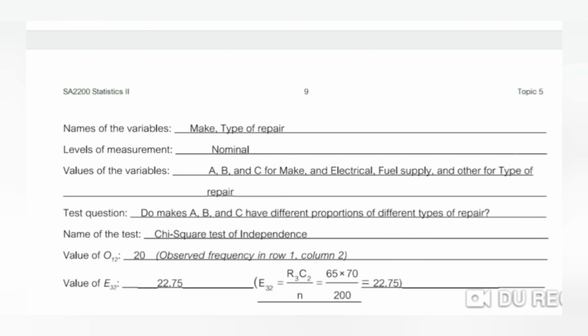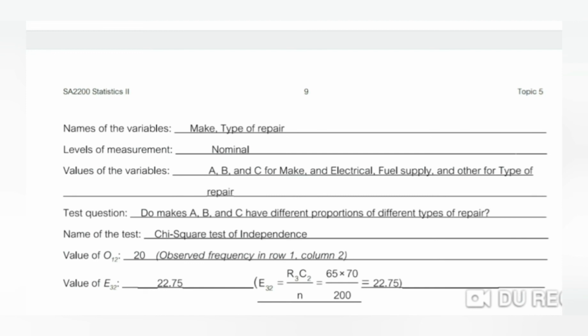Expected frequencies come from H0 and the assumption that the sample will follow the population. That means if H0 is true for the sample, what frequency should we have in row 3, column 2?